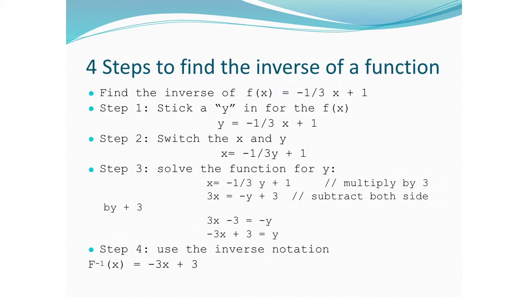I would write it in a different way: y equals minus 3x plus 3. And this is basically after you use the inverse notation, and you say f minus 1 of x equals minus 3x plus 3.